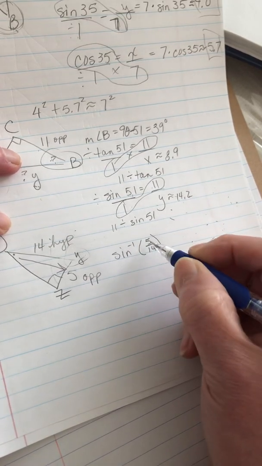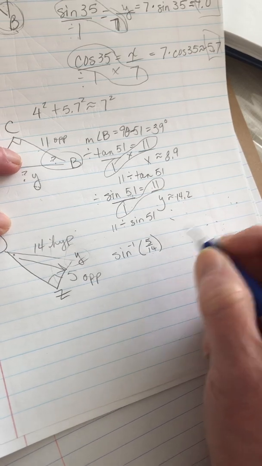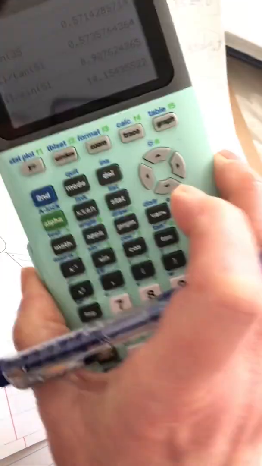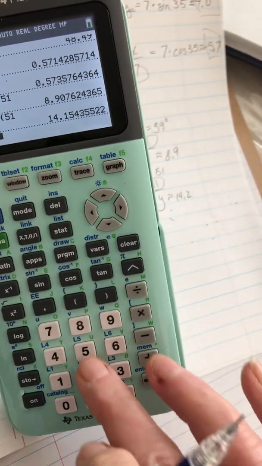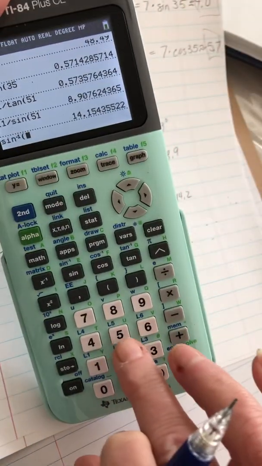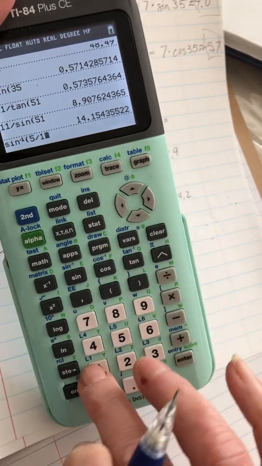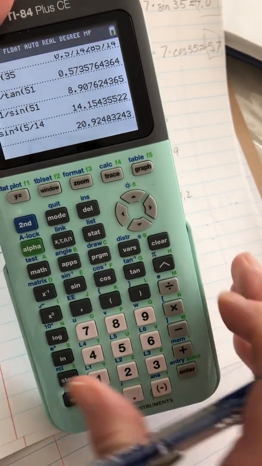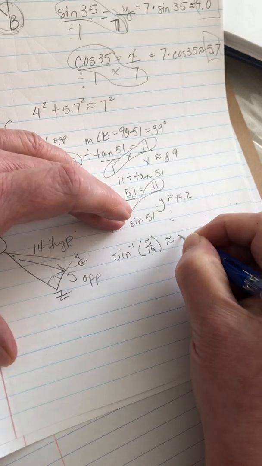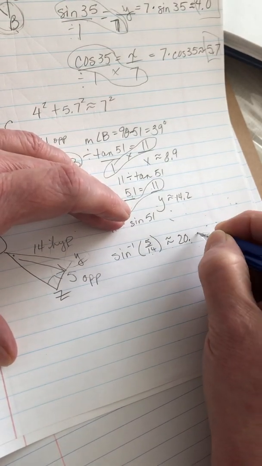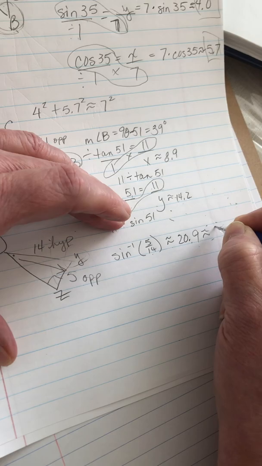And I can put that in as a fraction or as a division problem. Either way, it will work. I usually do a division problem. 5 divided by 14 equals about 20.9, but we round to the nearest whole number, so that's about 21 degrees.